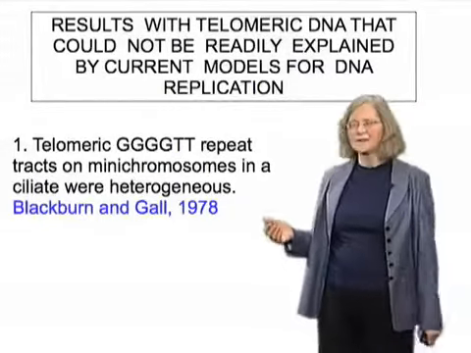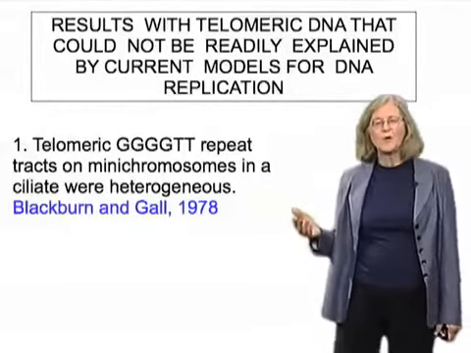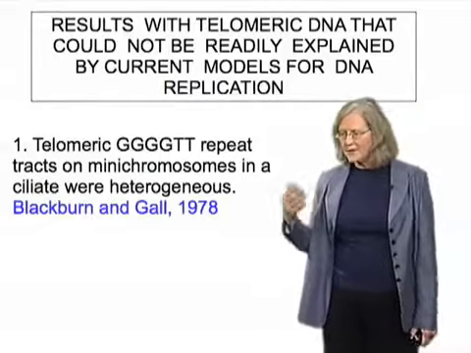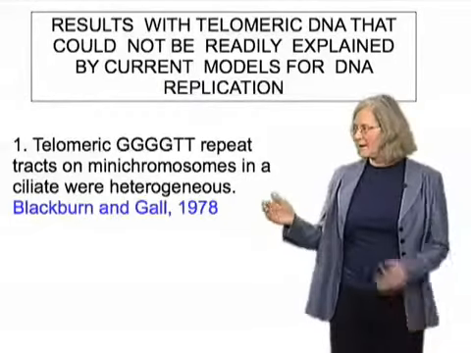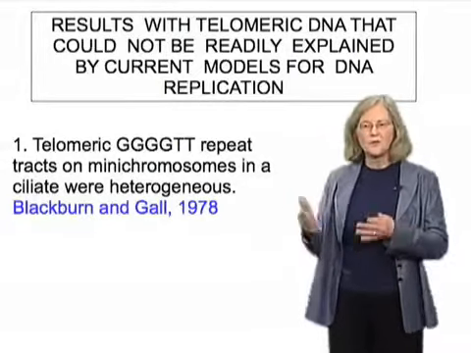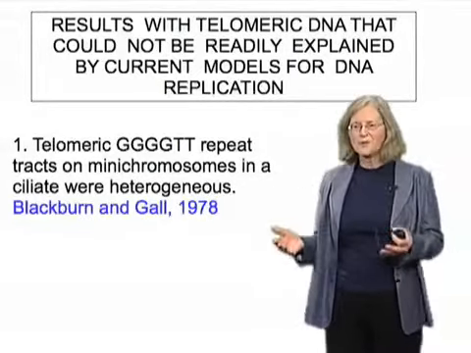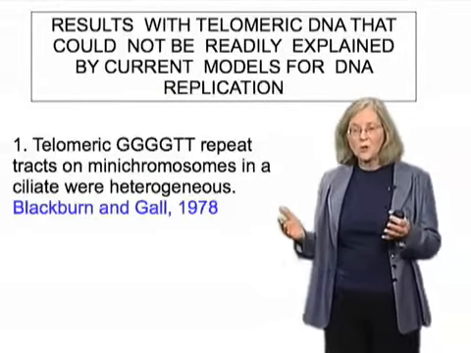Heterogeneous in this setting means these were different in number. So some copies of the mini chromosome would have 20 repeats on the end. Some would have 50, some 49, some 82, some 53. They all had different numbers of repeats in a more or less normal distribution.